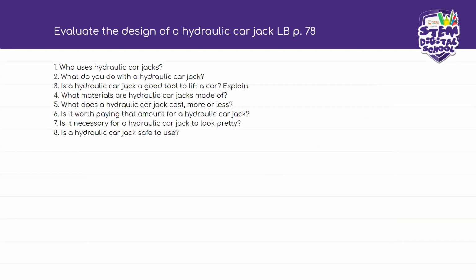Ma'am, it ranges from 1,500 to 2,000 rand. What do other people say? Do you say it ranges from 1,200? 1,600? What is the cheapest hydraulic car jack you can get? I think it depends on the store you buy it at. Mm-hmm.